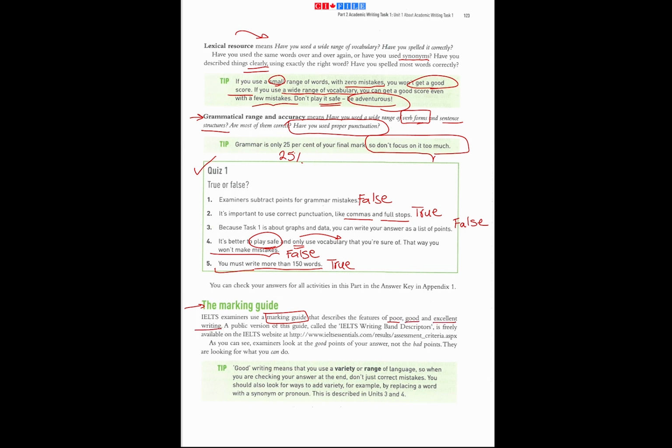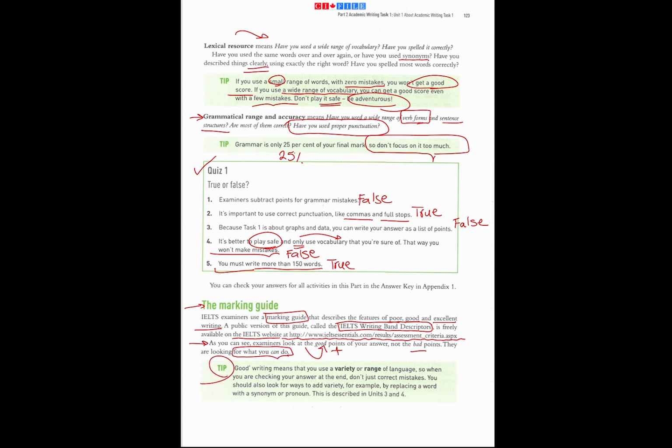A public version of this guide, called the IELTS Writing Band Descriptors, is freely available on the IELTS website at www.ieltsessentials.com/result/criteria.aspx. As you can see, examiners look at the good points of your answer, not the bad points. They're looking for what you can do.